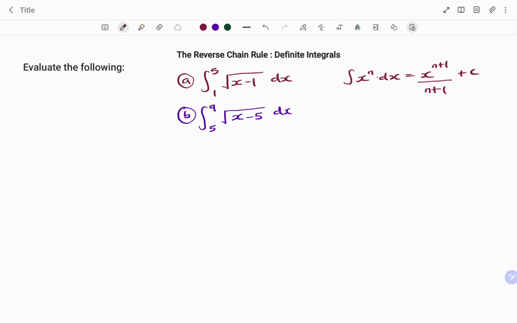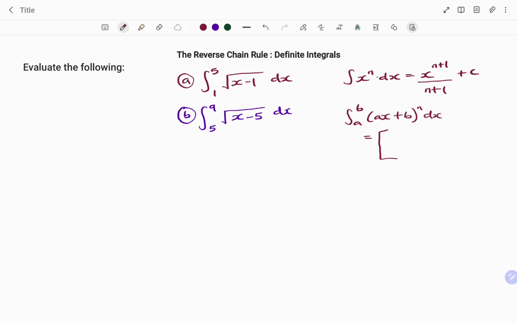But if it's a definite integral and we have a boundary from a to b, and then we have the integral of (ax plus b) to the power of n with respect to x, that will be equal to, because it's a definite integral, we're going to put a boundary.